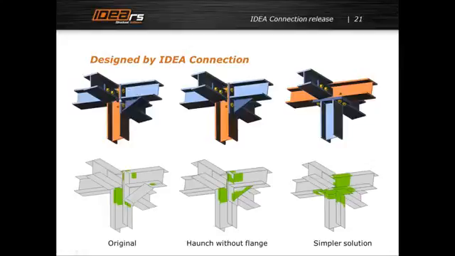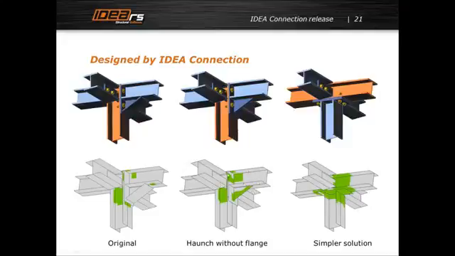Here is this initial shape with this haunch, and we tried without this haunch, and you can see the results are still fine. So in this example we want to say that when we analyze also such things, we can save costs and we can save money, because there is some steel plate, and also the welding in this topology is not very easy.